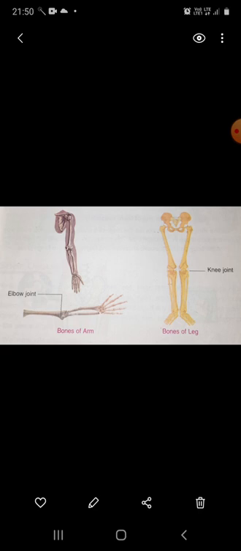Like that, you can see the hind limbs. The upper part of the hind limb is made up of a single bone, and the lower part of the hind limb is made up of two bones.